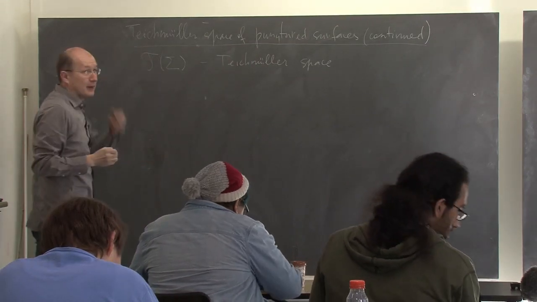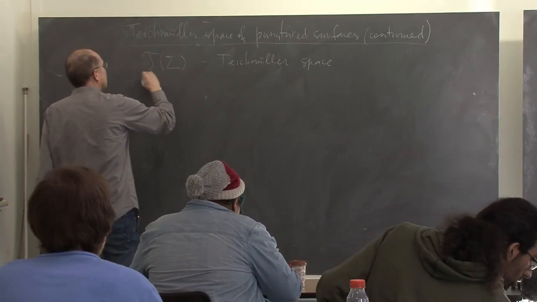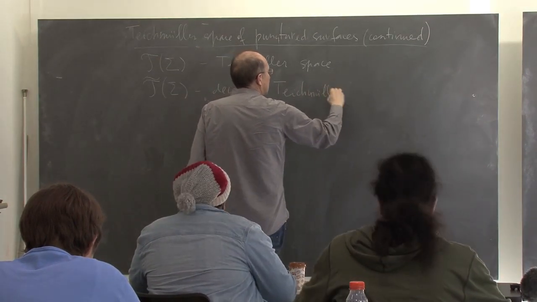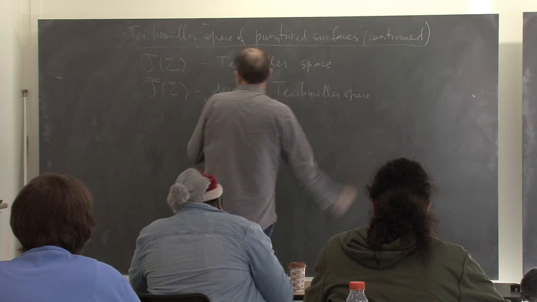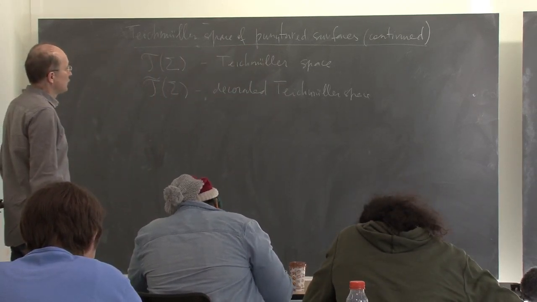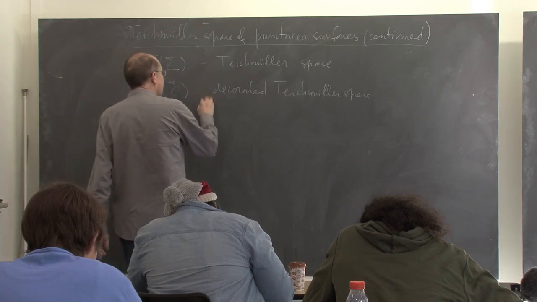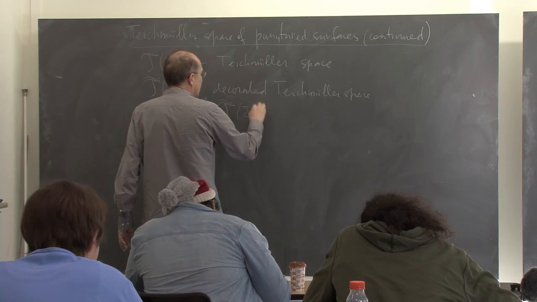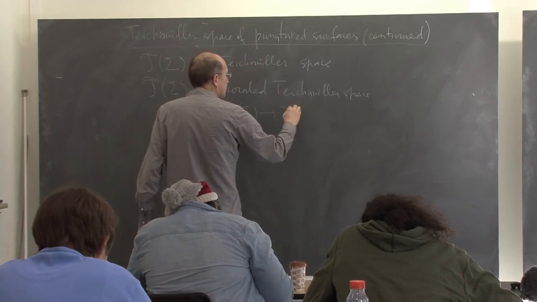Then we defined the decorated version of it. I will not recall what it was geometrically, but the essential thing is that there was a projection from the decorated space to the non-decorated space.